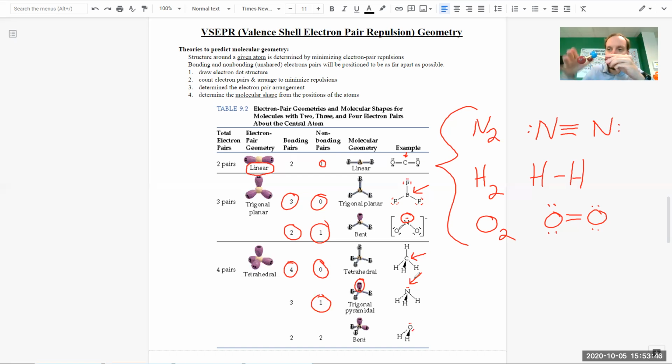The reason these are bent down towards the bottom of your screen is that we have extra electrons here in an unbonded pair, and they repel and push down on these atoms, making it more of a pyramid shape. You can't see it, but there's an unbonded pair located at the top of this atom, and that's going to bend these down, versus the trigonal planar, where there are no unbonded pairs, which shifts these back up to look completely flat.